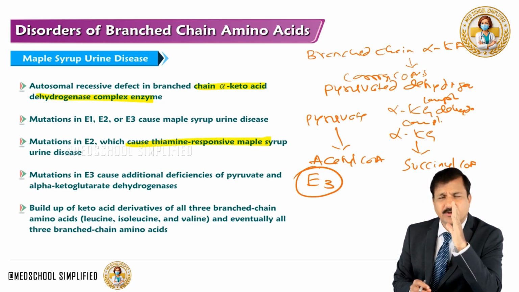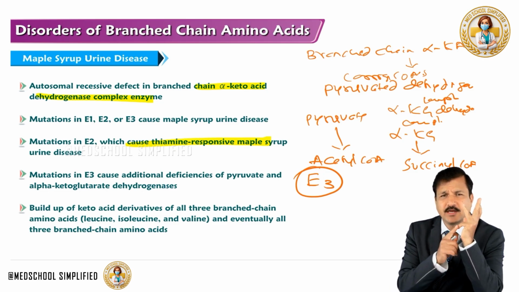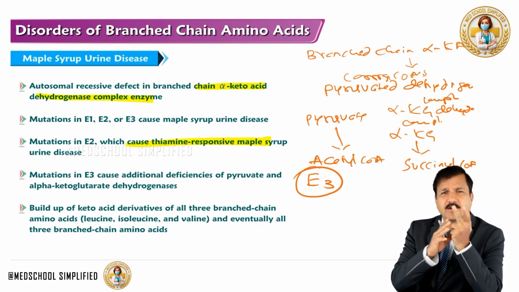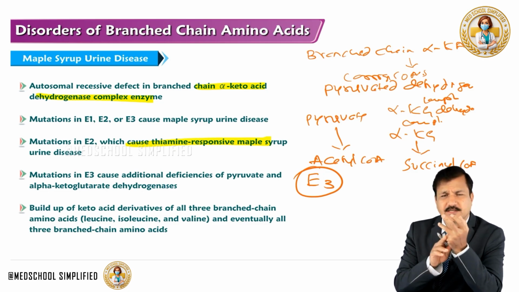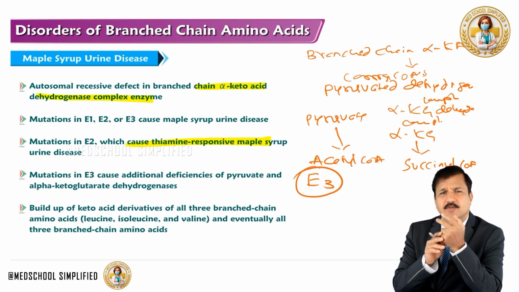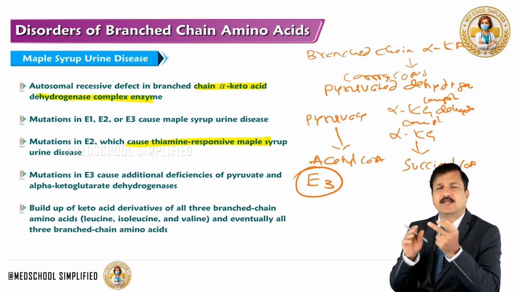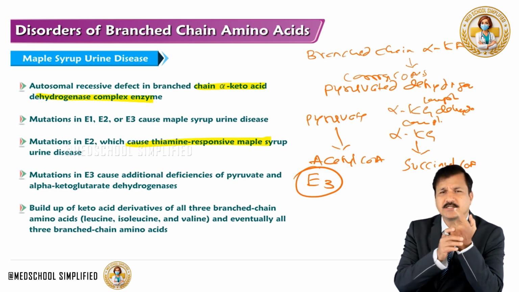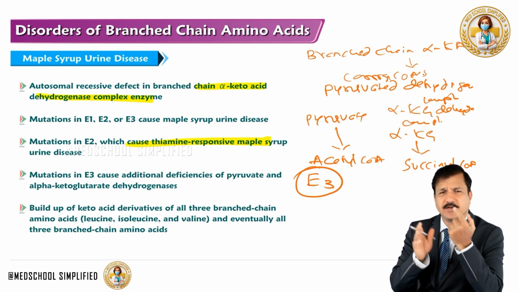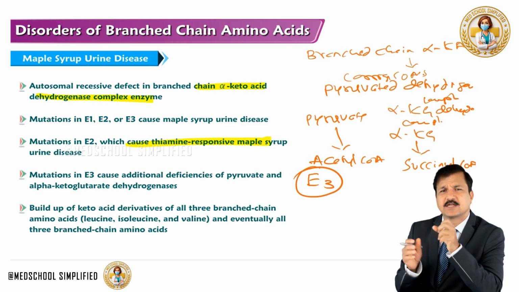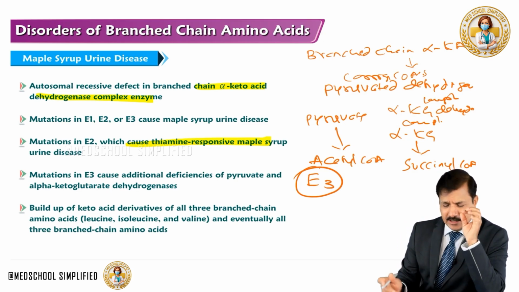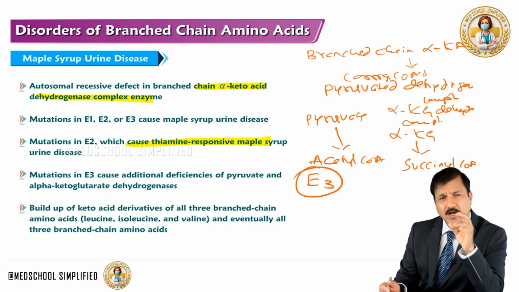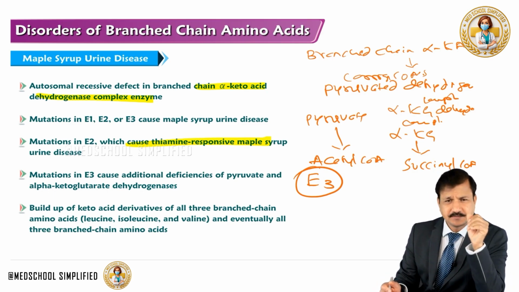The E3 gene is common for the E3 subunit that is required for the branched chain alpha-ketoacid dehydrogenase complex, pyruvate dehydrogenase complex, and alpha-ketoglutarate dehydrogenase complex. So, when the E3 gene is mutated, all 3 enzymes are affected.